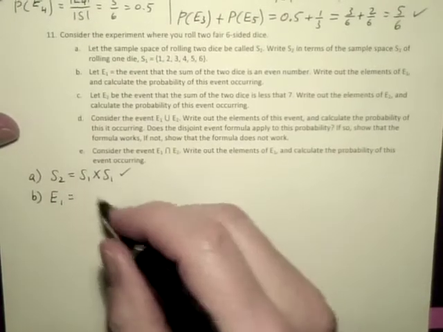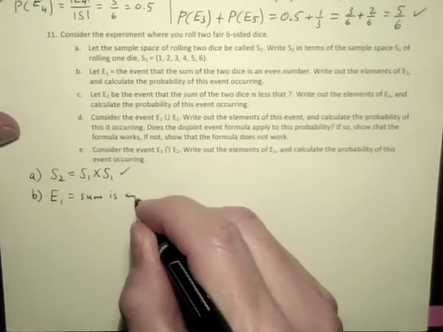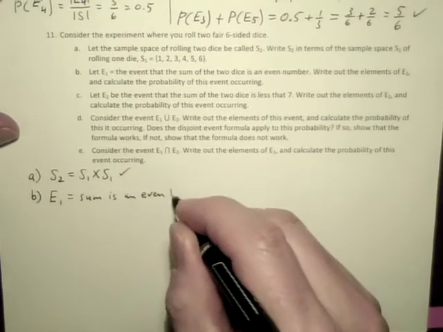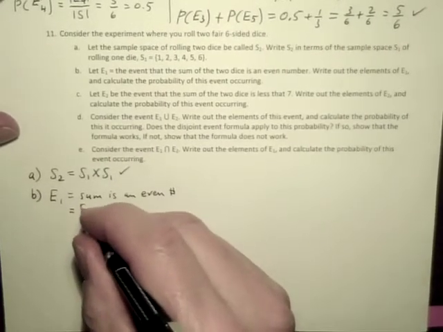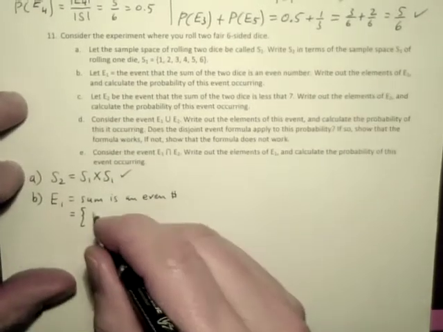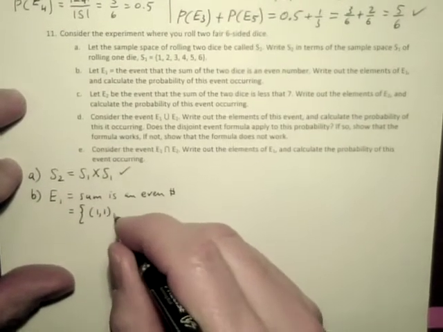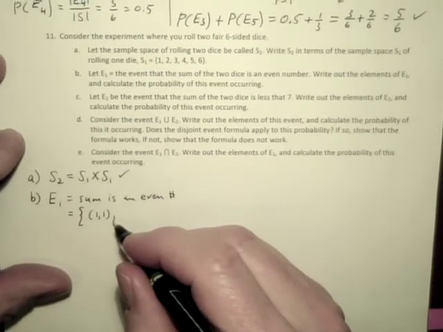E1 is the event that the sum is an even number. Let me start writing some elements out. I guess a 1, 1 works because the sum is 2. That's the only way we can make a sum of 2, right?